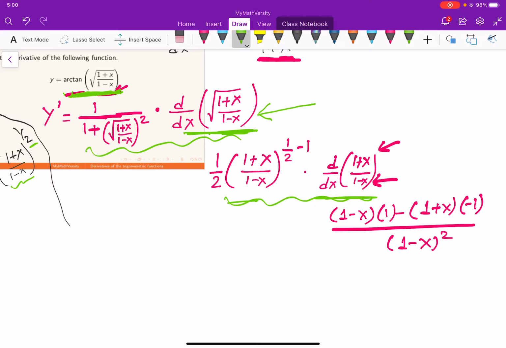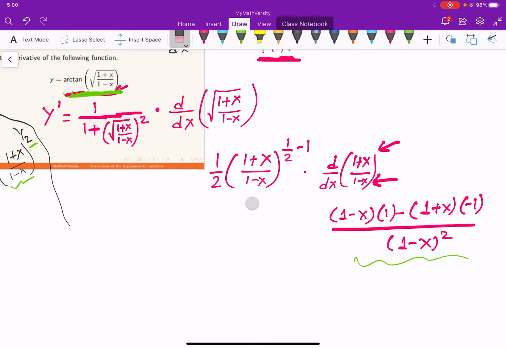And whenever we are trying to figure out the derivative of this function, we end up finding the derivative of 1 plus x over 1 minus x. We needed to figure that out, which we have obtained by the quotient rule. So the main idea we have already applied to figure out the derivative. The remaining work is just to see if we can simplify this. Okay, so let's try to work on that.